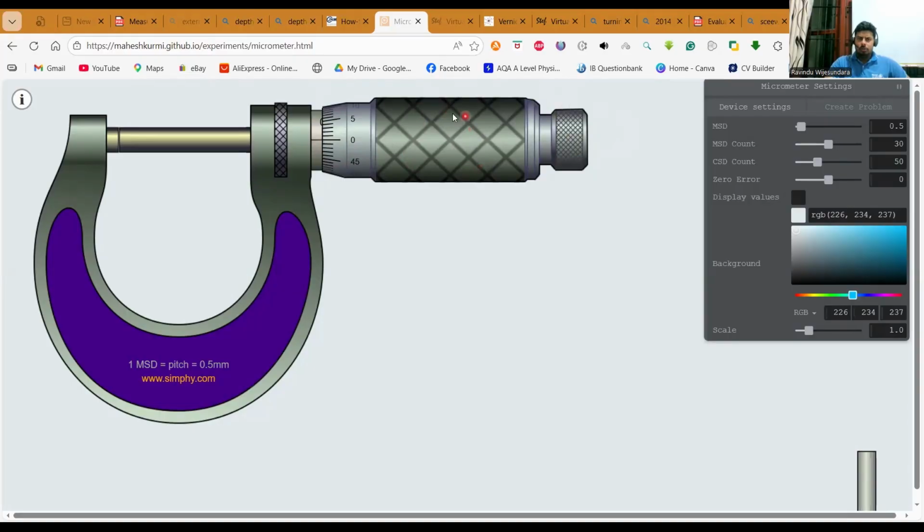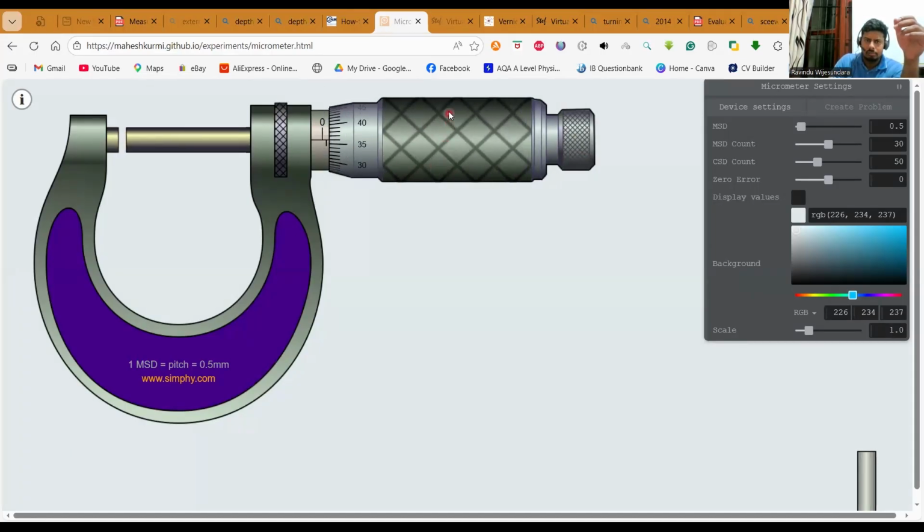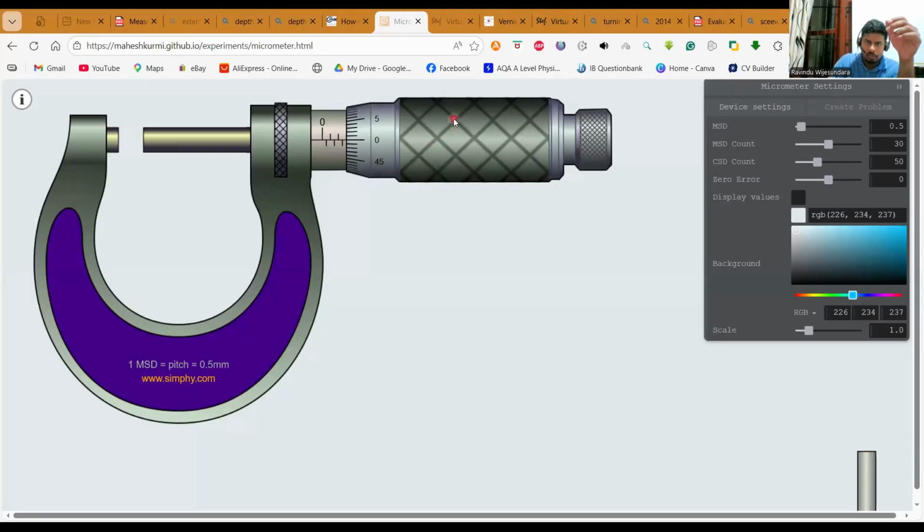So if you need to take a measurement, you have to keep your measuring object in between the anvil and the spindle. So you need to have this one separated. For that, you can rotate this one from the thimble. You can see I have rotated it in the downward direction.